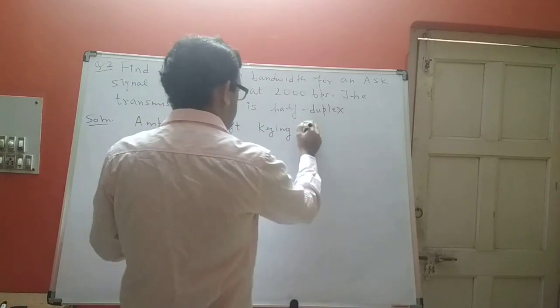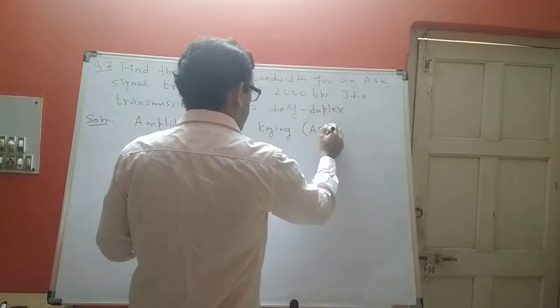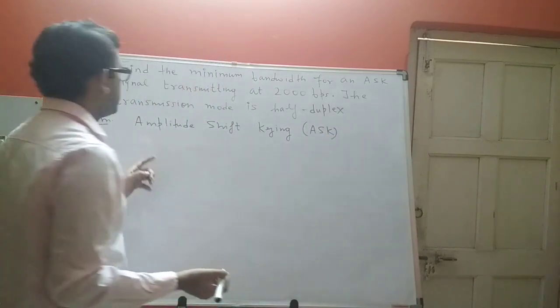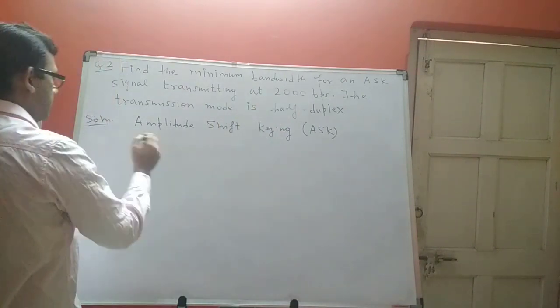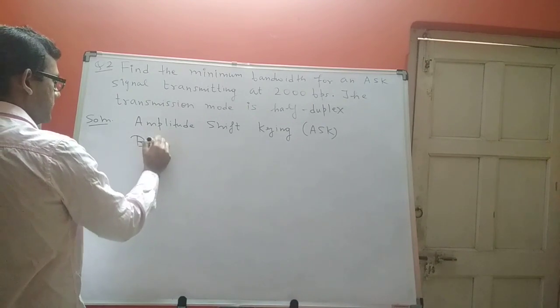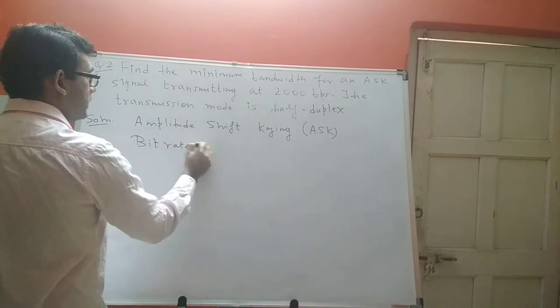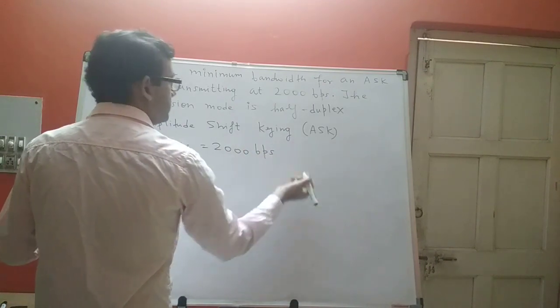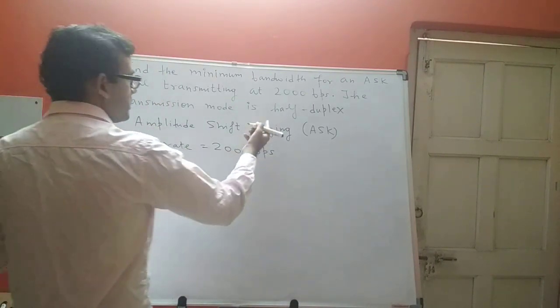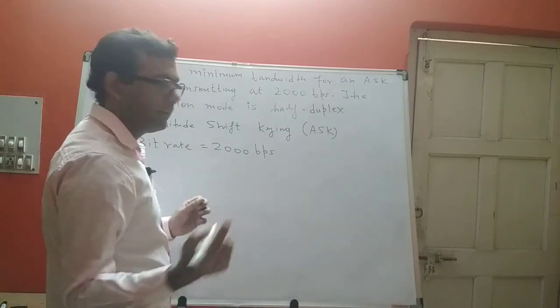So we are dealing with an ASK system and we have been given the bit rate. The bit rate is 2000 bps, and it has also been mentioned that the transmission mode is half duplex.